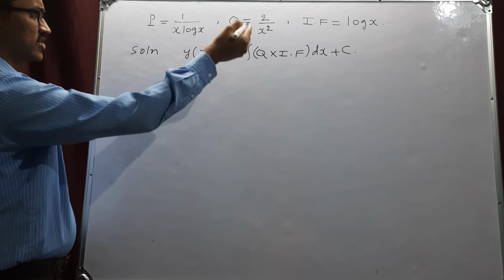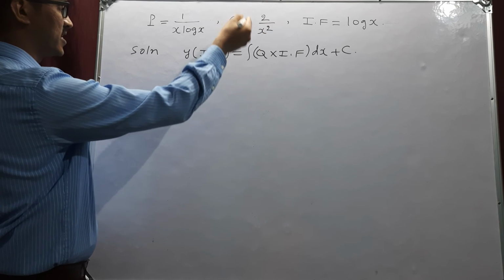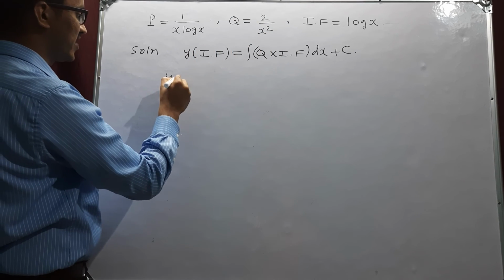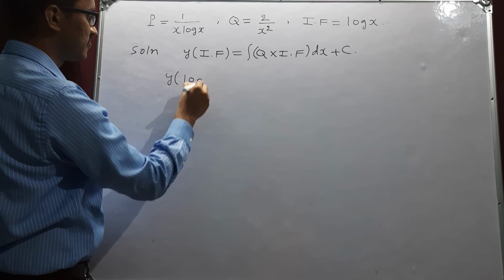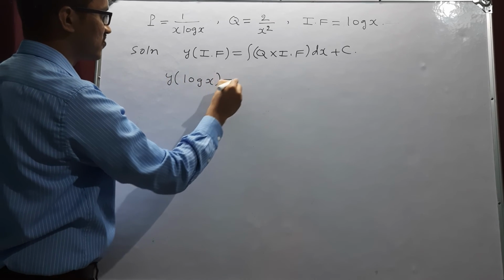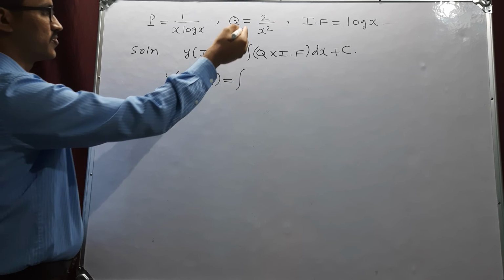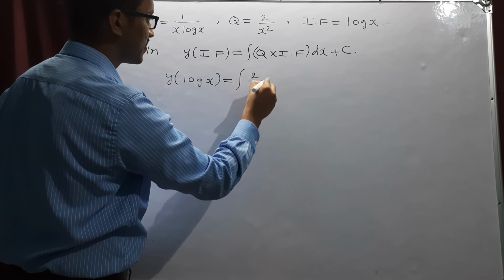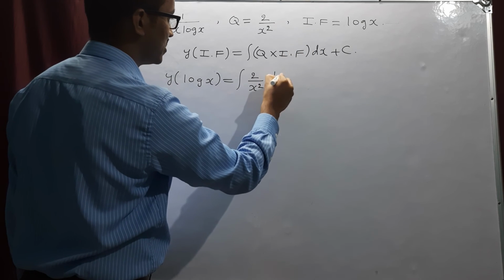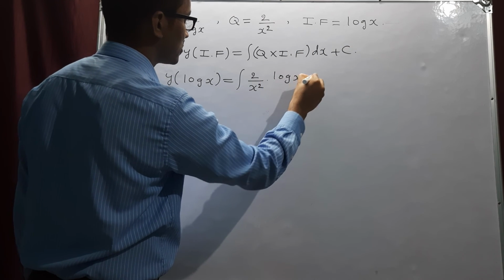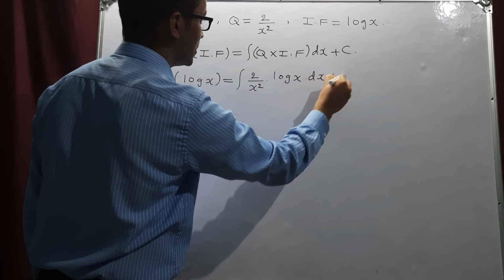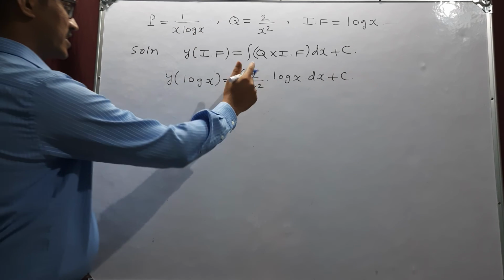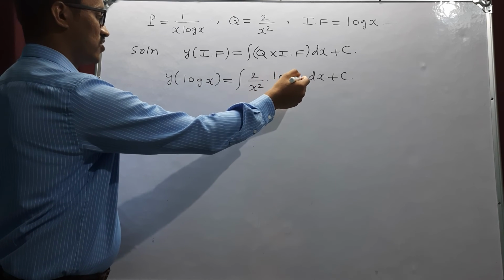Now substituting the value of integrating factor as well as q, we get y into log x is equal to integration of q, where the value of q is 2 by x square, into integrating factor, that is log x, into dx plus c. So we will integrate 2 by x square into log x.